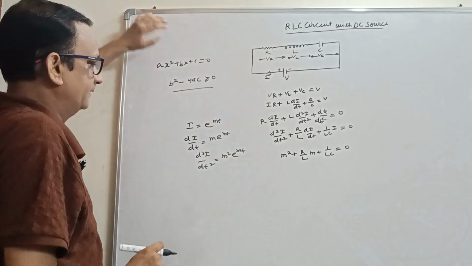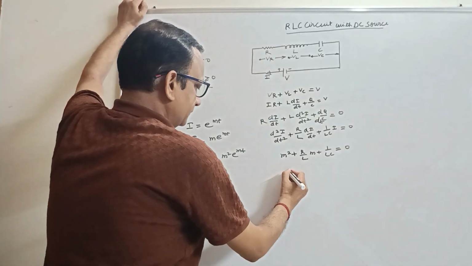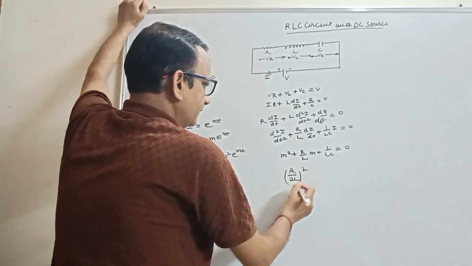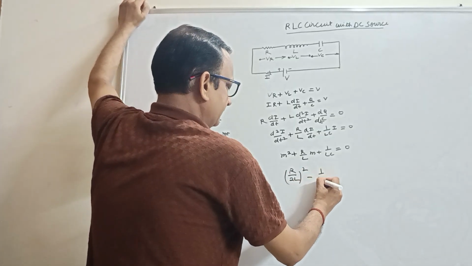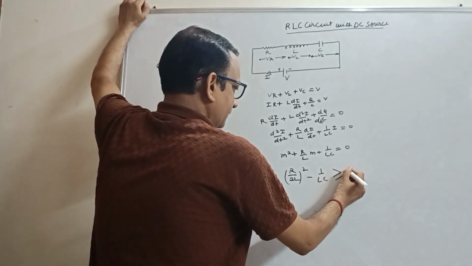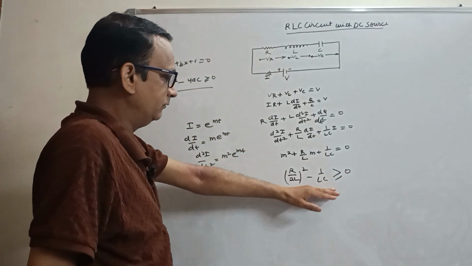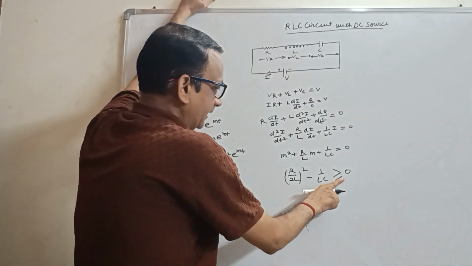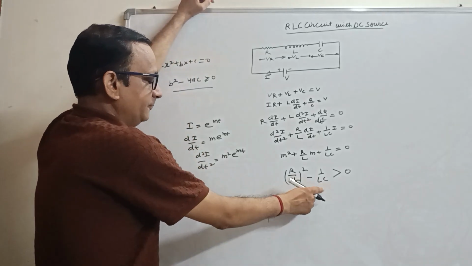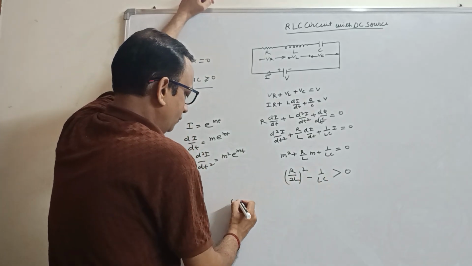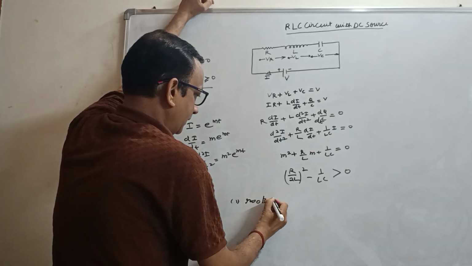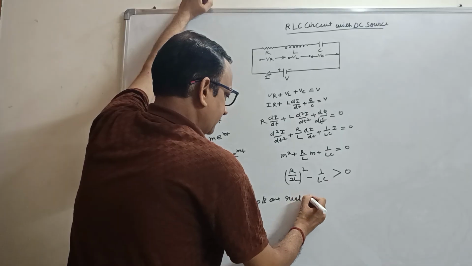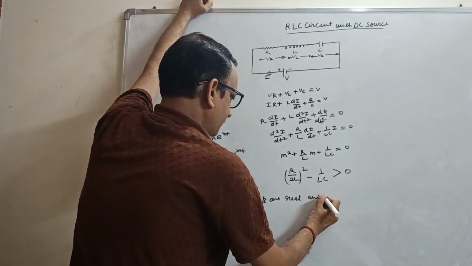Applied here, if (R by 2L) whole square minus 1 by LC is greater than 0, then the roots will be real, distinct and unequal.